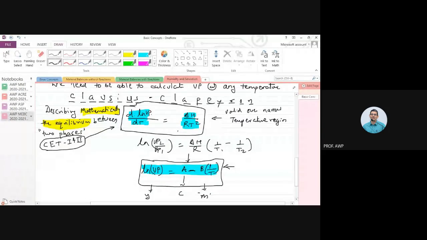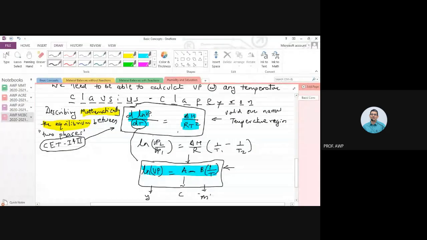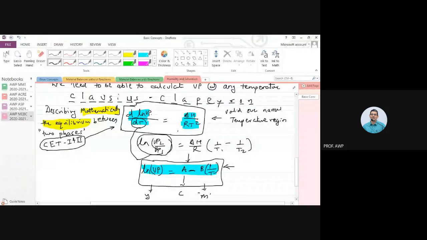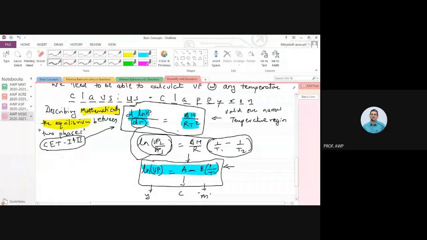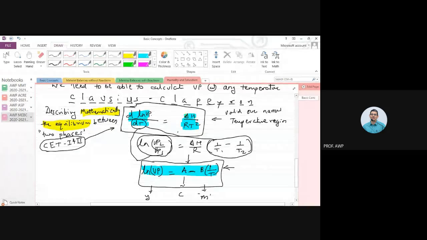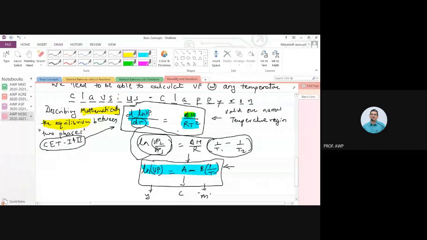Why? Because it is differential. dT we have made into a difference equation, 1 by T1 minus 1 by T2, and that assumes that this delta H is constant. But in reality, the delta H is not constant. Therefore, this is valid only over a narrow region of temperature.